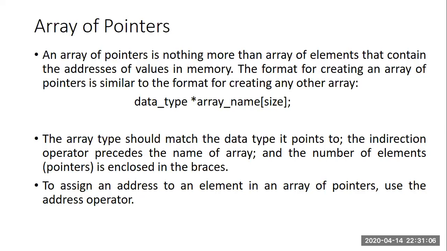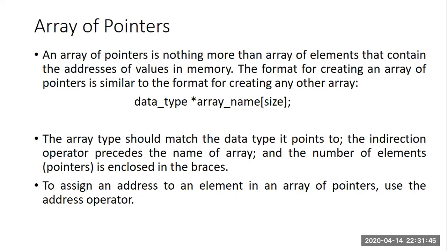So now I'm talking about a topic which is array of pointers. That means today we are going to introduce an array where each and every element of that array is a pointer variable. We already know the definition of a pointer variable. It is a type of variable which can store the address of another variable.